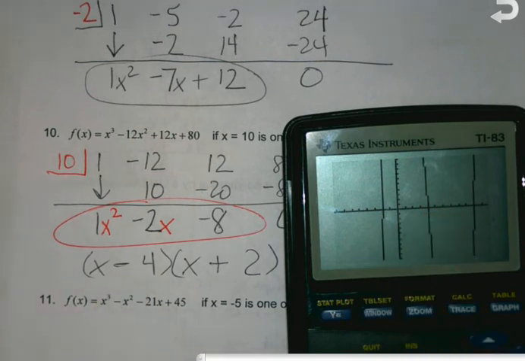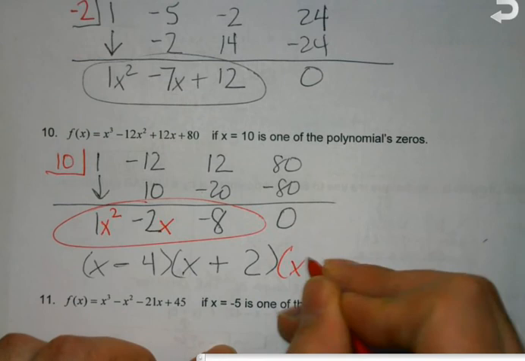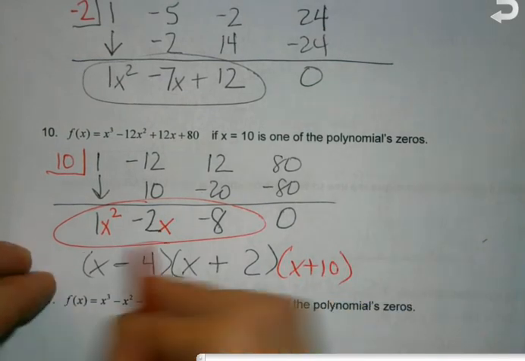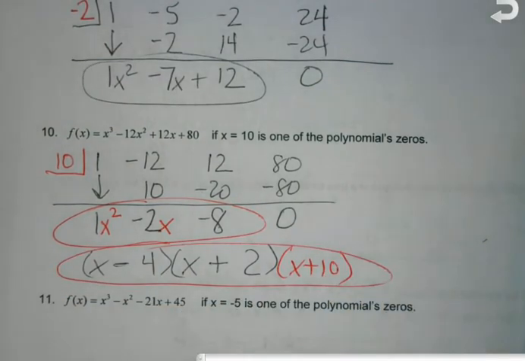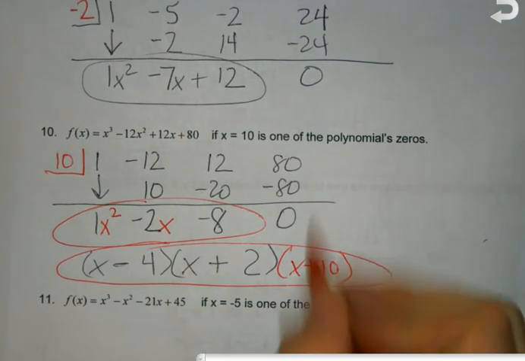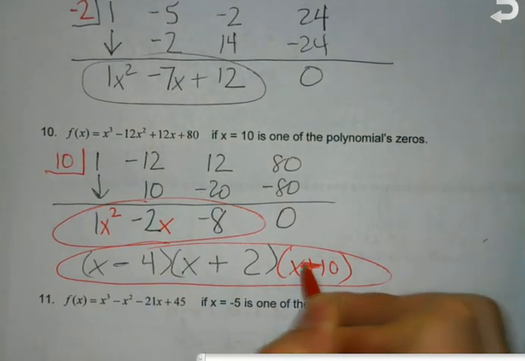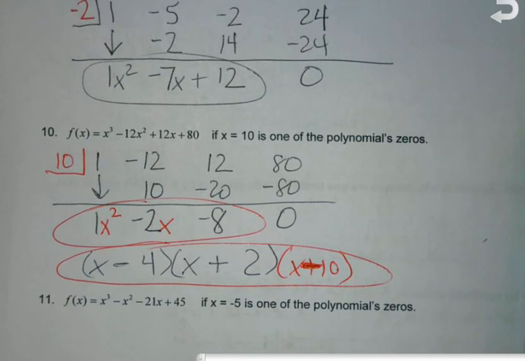And if I wanted to get that last set of parentheses in, that last value, I see it crosses down here at 10 too. So actually, the complete factorized form of this would be this. The only one that we would, negative 10. Negative 10. Oh, that was almost bad. Okay? So it's kind of neat to see how these things go together.